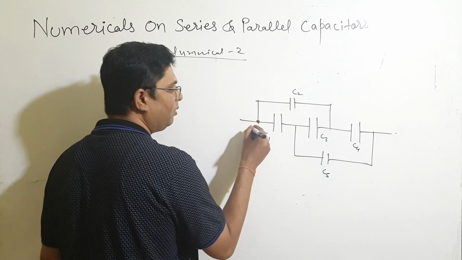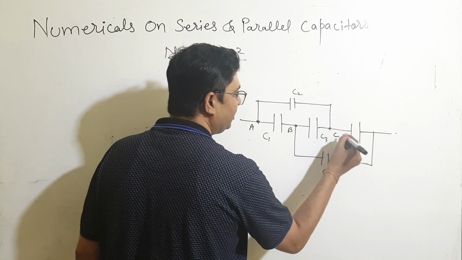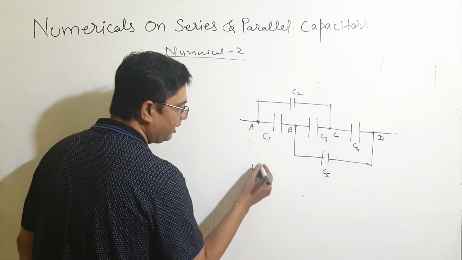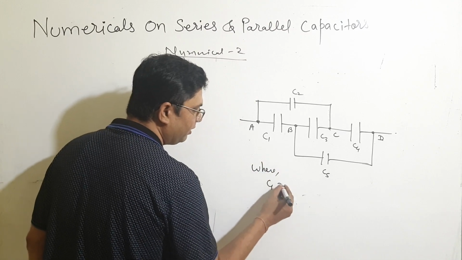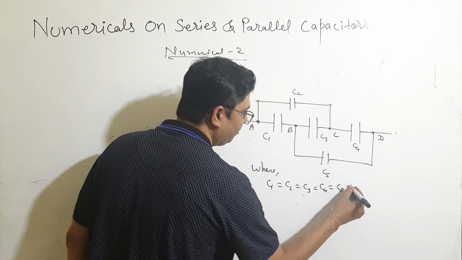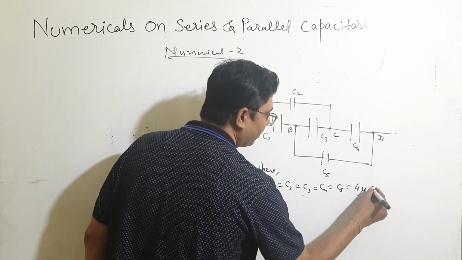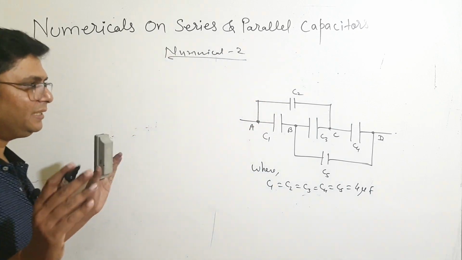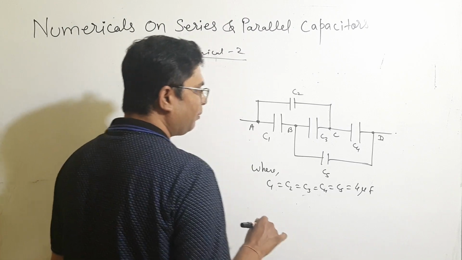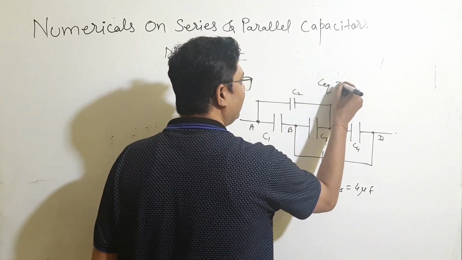Let the names of the junctions be A, B, C and D, where C1 equals C2 equals C3 equals C4 equals C5, let us say 4 microfarad. This means that each capacitor has the same capacitance value. You have to find the equivalent capacitance.